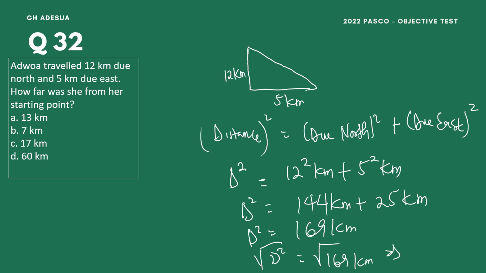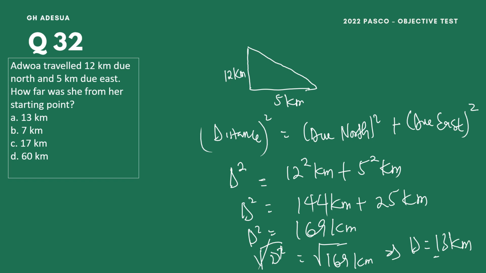The power of 2 cancels the square root, and 169 is a perfect square: 13 by 13 is 169.